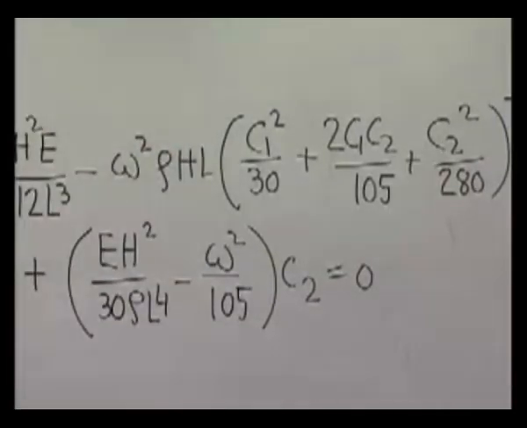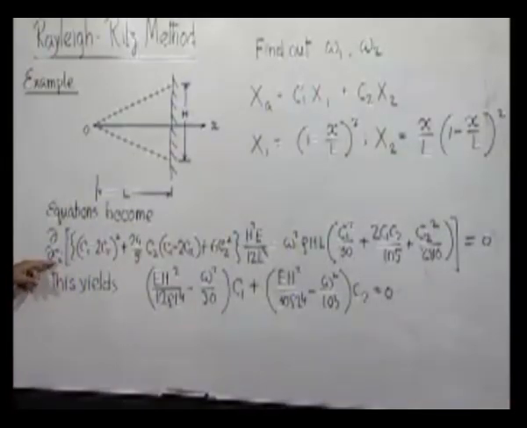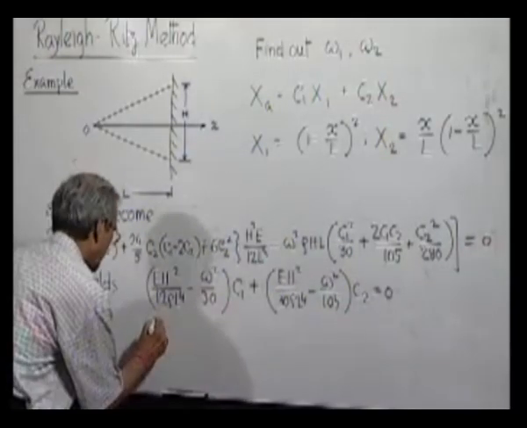So here it is Ci, so if you differentiate with respect to C1, we get this equation. Now if we differentiate with respect to C2 partially, we get the other equation.